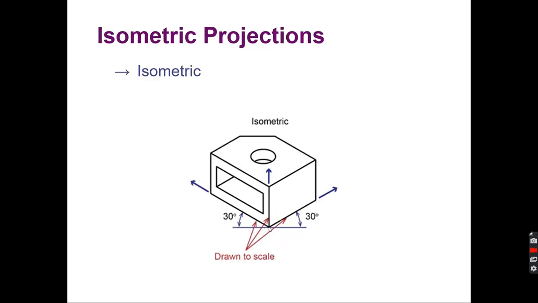What we do is draw on a 30-degree angle. Anything horizontal will be a straight line, up and down is vertical, and everything else is drawn at a 30-degree angle from that, and it's drawn to scale. So this is our front view, this is our top view, this is our side view.